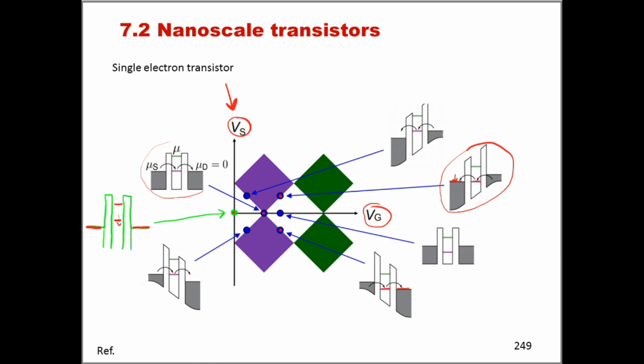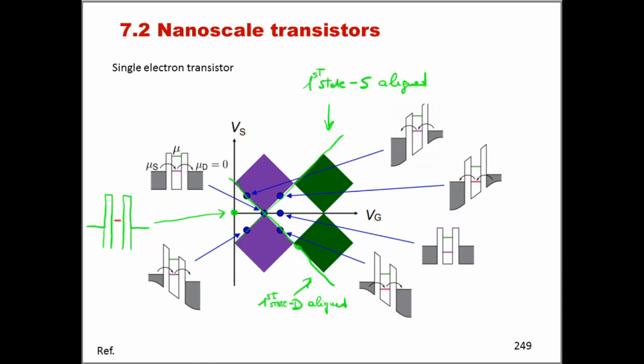And so we can visualize this in this way here. So these two lines correspond to the first state aligned either with the source or with the drain. For fun, look at the other diagrams here that correspond to the other points shown on this diagram. But this is the main thing.